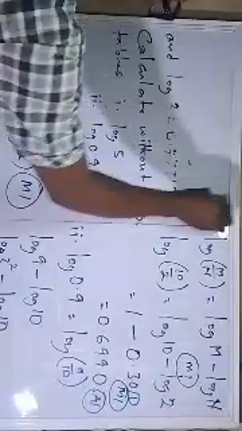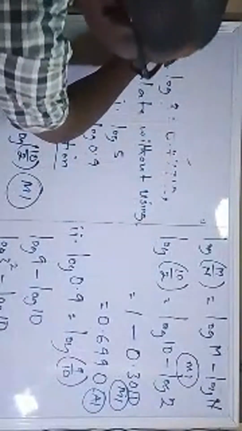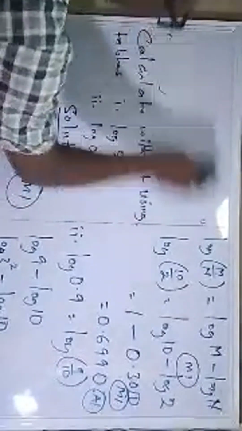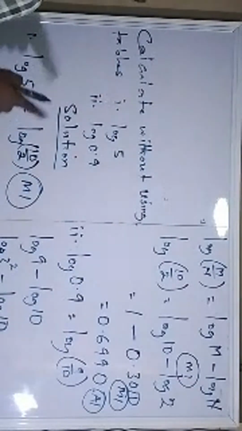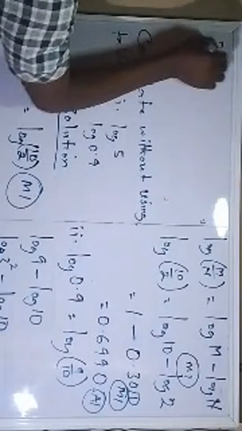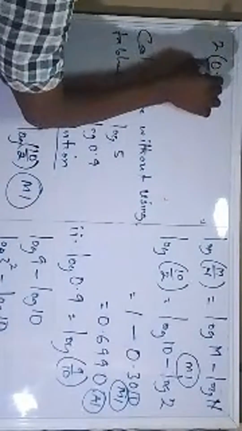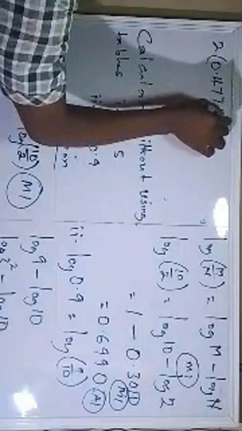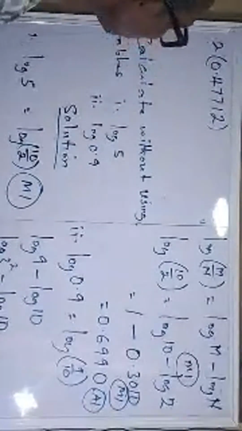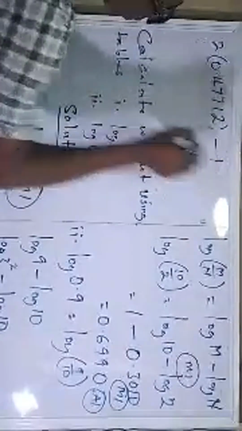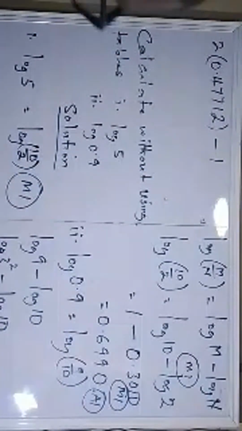You can see that before I claim it. 0.47712. So let's substitute. We have 2 times 0.47712. So this is given. So you substitute minus 1. Okay, and that's what you have.